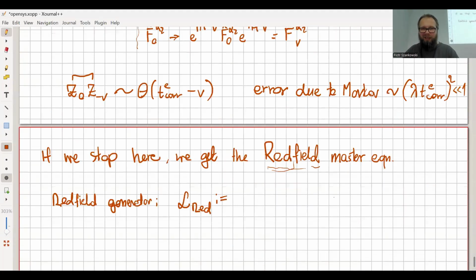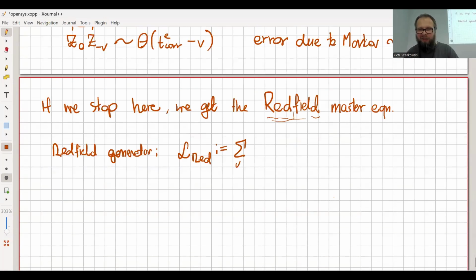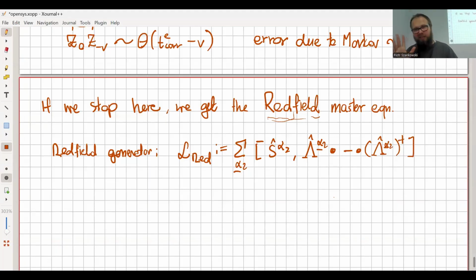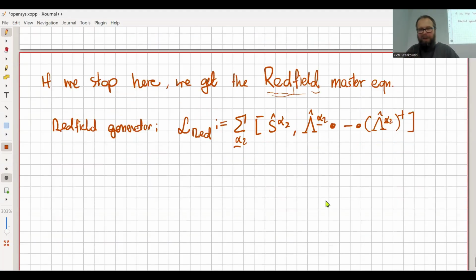So let's write down what it is: the sum over alpha 1 and alpha 2 of the commutator of S_alpha2, constant, so not in the interaction picture, and here we have Lambda_alpha1 bullet minus bullet Lambda_alpha2 dagger. Okay, that's our Redfield generator, a constant superoperator.